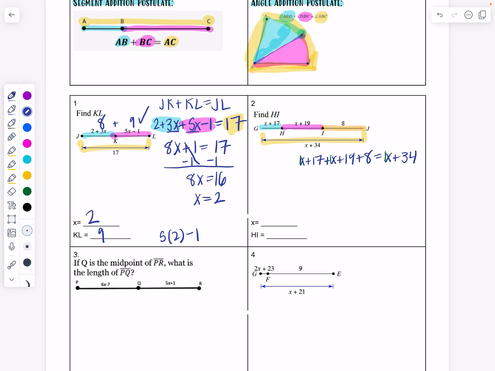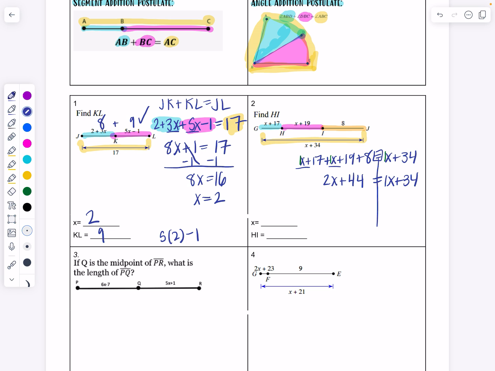And now we're going to start solving this equation. So cleaning up some of our like terms, 1x plus 1x is 2x. And then we're going to put together our numbers. So what is 17 plus 19 plus 8? That's just combining like terms. That's going to give us 44. That's going to be equal to 1x plus 34.